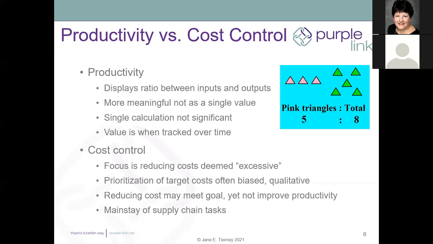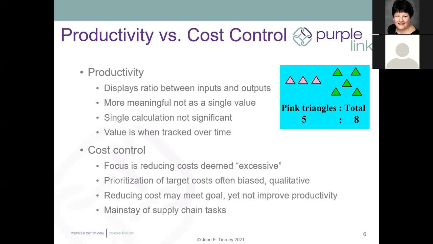And the reason is because you're looking at that ratio between your inputs and your outputs. It's not as meaningful as a single number. So if you look at the example there in the blue box, it talks about pink triangles versus the green, and the total 3 pink triangles per the total of 8. So you can do a ratio of that, but it's not necessarily a good number that tells you anything.